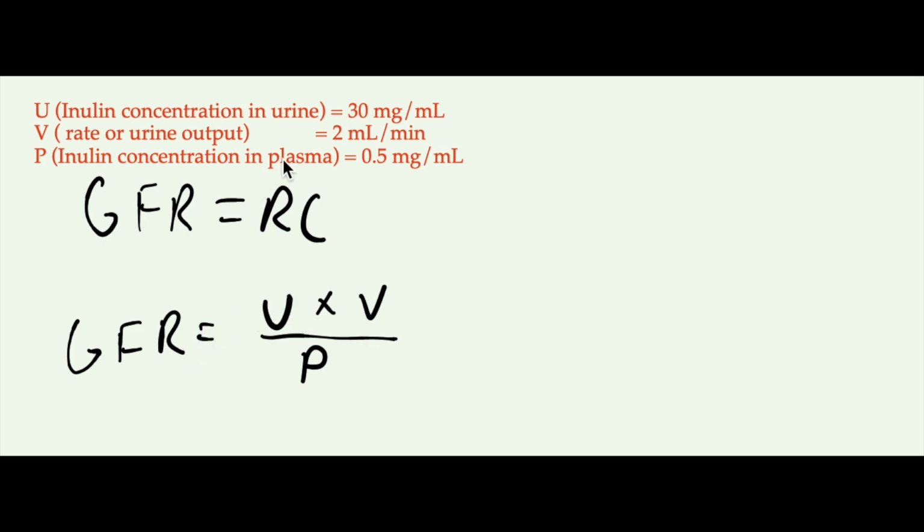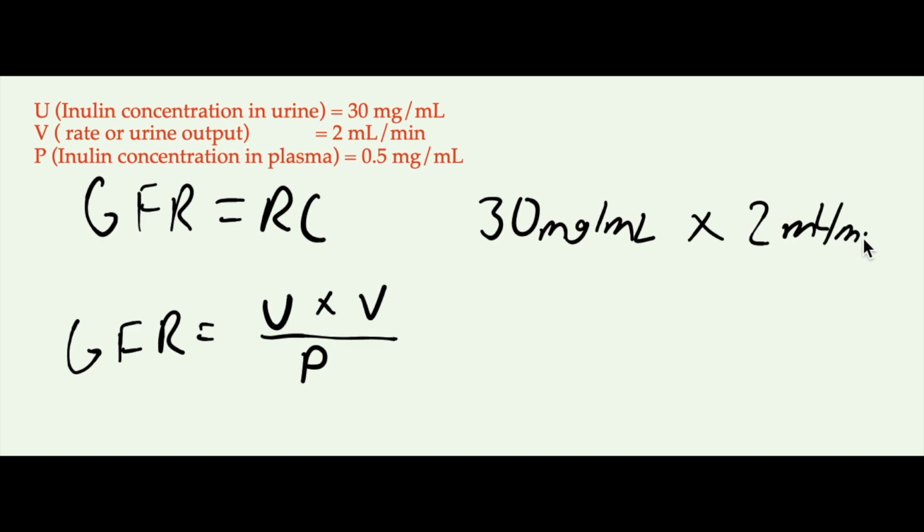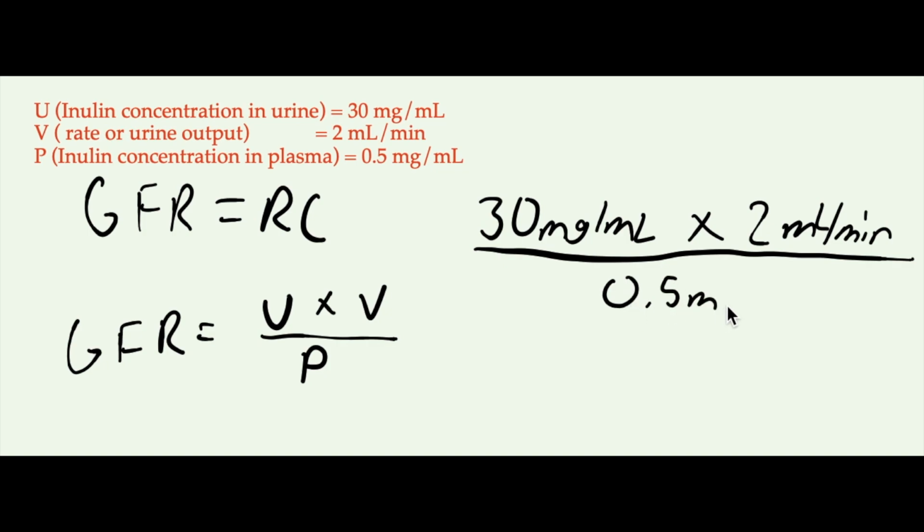So we will use inulin as our example. There is 30 milligrams per milliliter of inulin concentration in the urine times the rate of urine output, which will always be 2 milliliters per minute for a healthy person on average. Now we divide that by our inulin concentration in the plasma, which is 0.5 milligrams per milliliter.